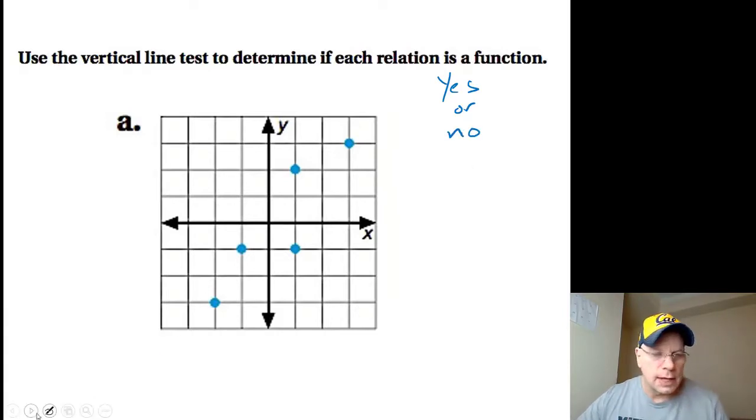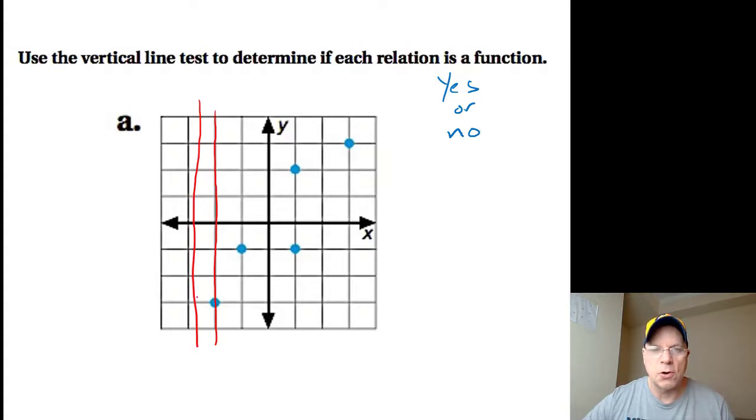Let's draw a vertical line, which is not easily done in this program, but you can use a straight edge on your notes. If you draw a vertical line right here, you see that it only intersects one blue point. If I draw a vertical line right here, it intersects no points. No points is okay, 1 point is okay. It just can never intersect more than 1 point.